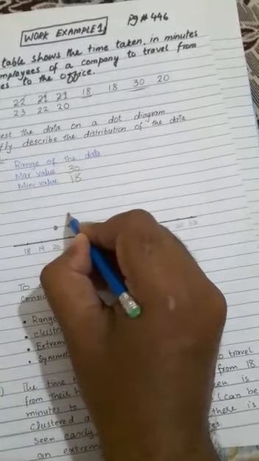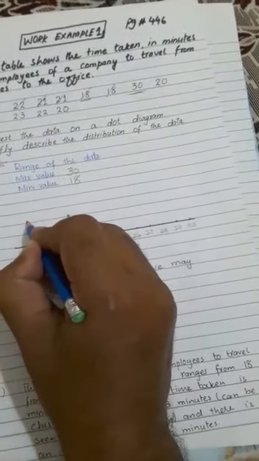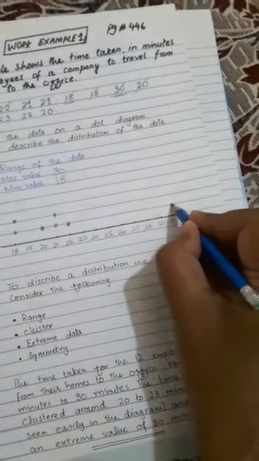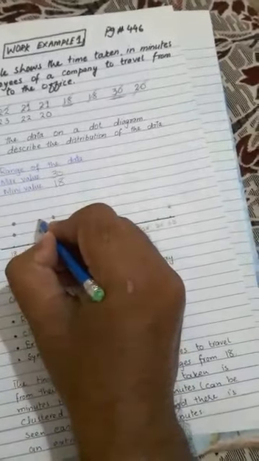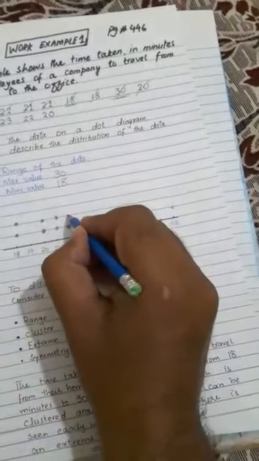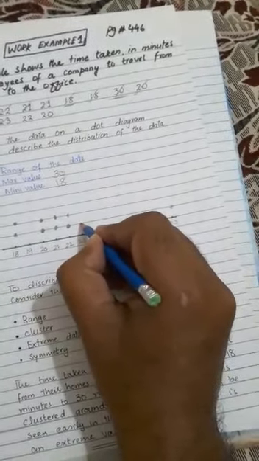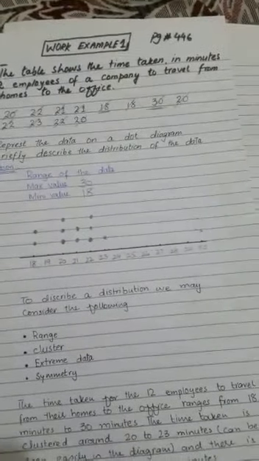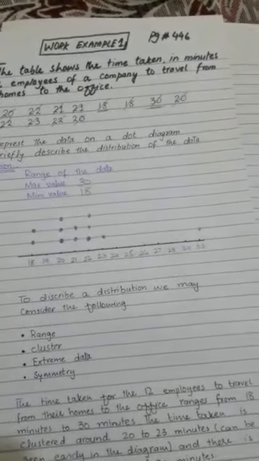Then 18 and 18, two dots are on 18, then 30 and 20. One dot on 30, one dot on 20. Now 22 and 23, so another dot on 22 and on 23. Now 22 and 20. You can see this sort of diagram is called a dot diagram.